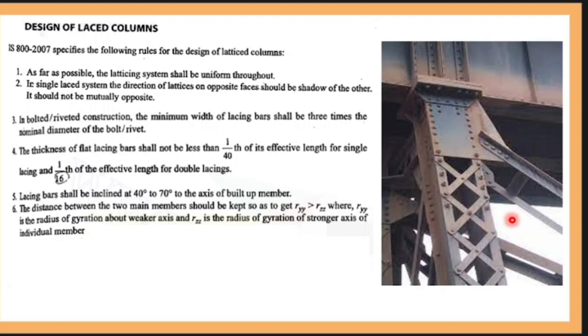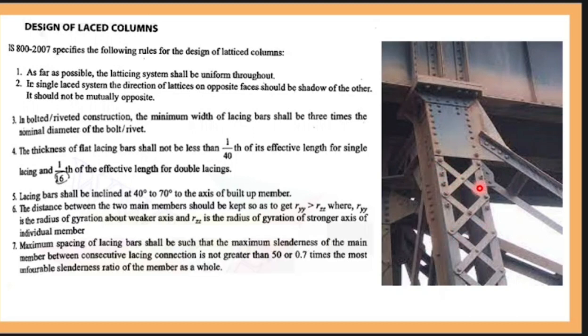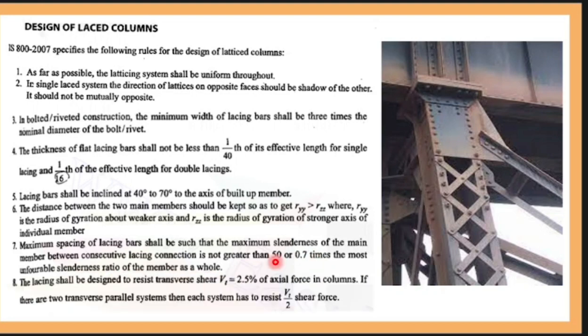If the distance between the two lattices is much wider, then your radius of gyration will increase. If you reduce the distance between these two elements, your radius of gyration comes down. If you have any member, you will be having a slenderness ratio. Here they have given that the maximum slenderness ratio for the connection is 50 or 0.7 times the most unfavorable slenderness ratio of the whole. Lacing force is 2.5 percent of the axial force in the column.